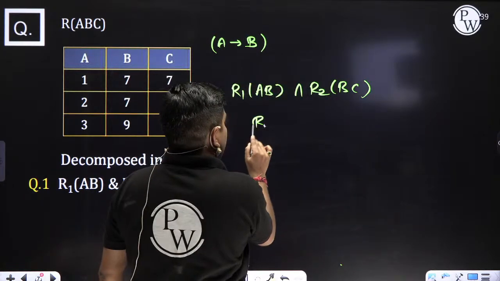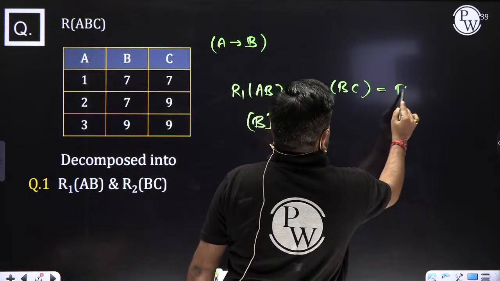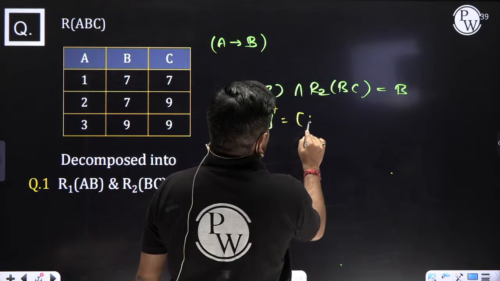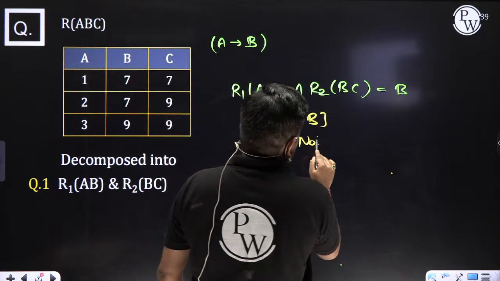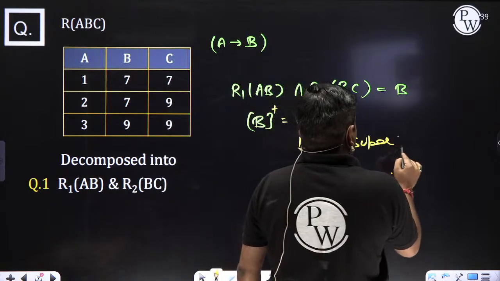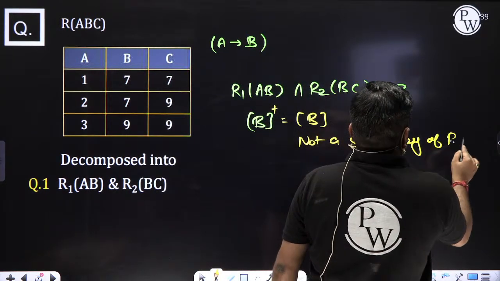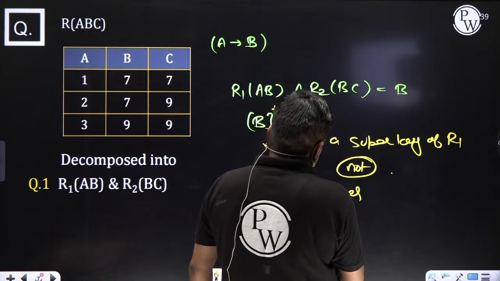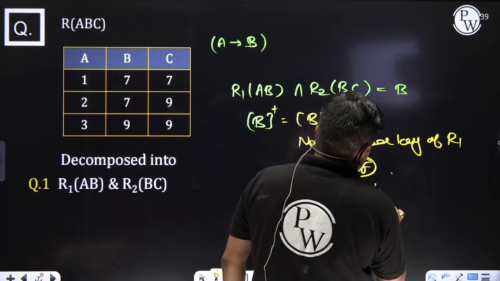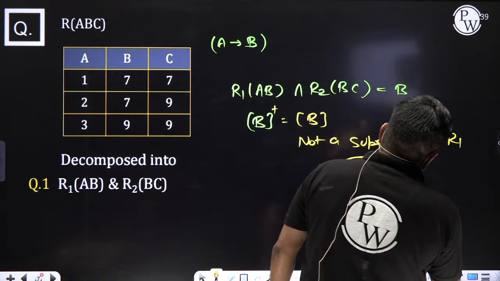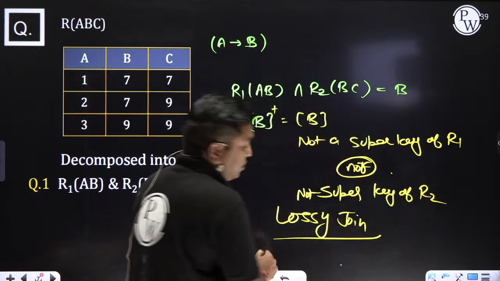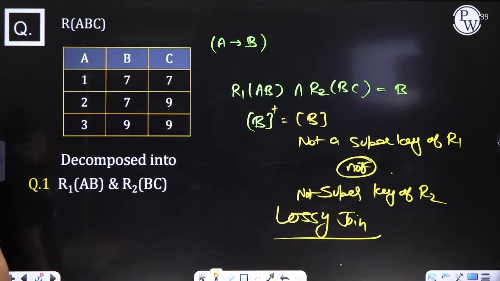B. When we take the closure of B, we are getting only B. Meaning to say, it is not a super key of R1 and not a super key of R2. What can we say? Lossy. Yesterday we proved this, it is lossy.